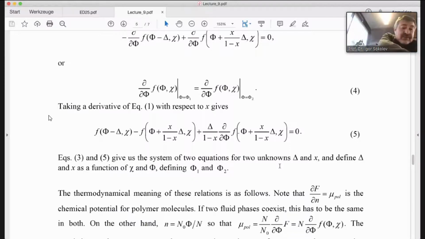What is thermodynamically a derivative of a free energy with respect to the number of particles? Who knows? Guys, chemists. Everybody has forgotten? Do I have to write something? You know what the derivative is.